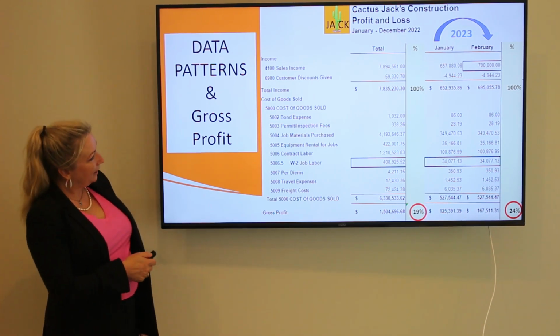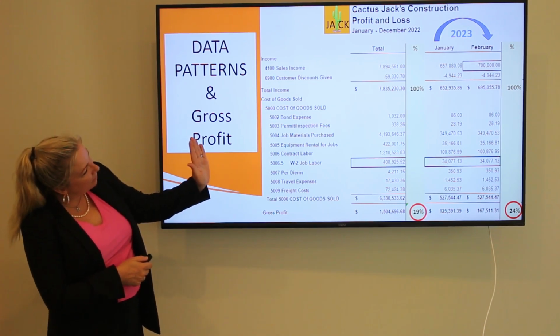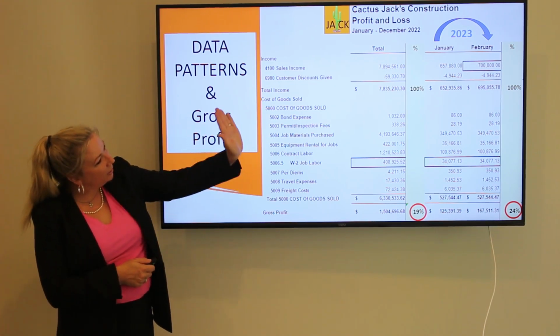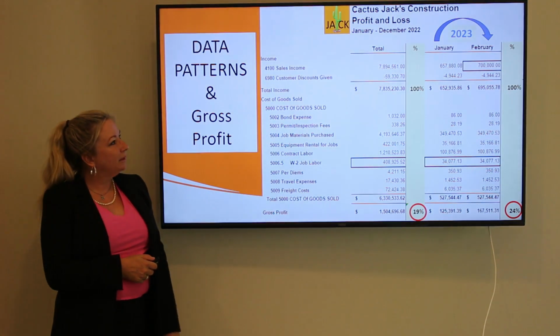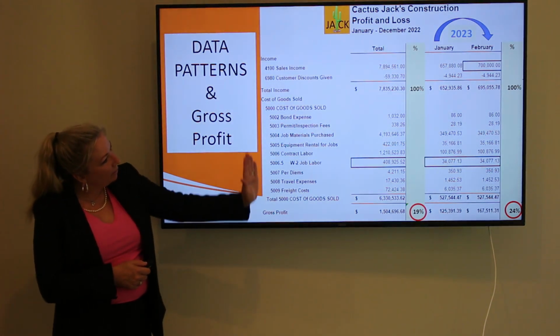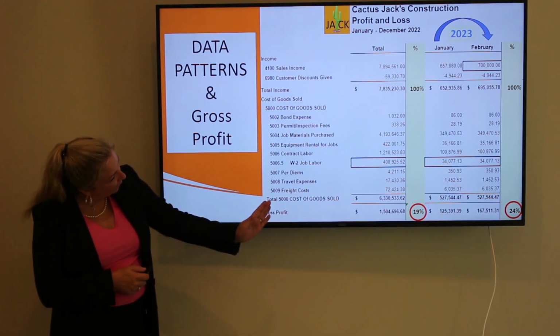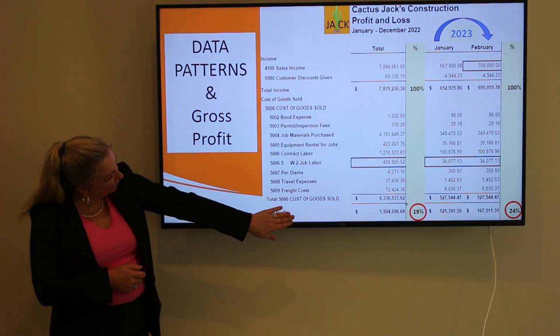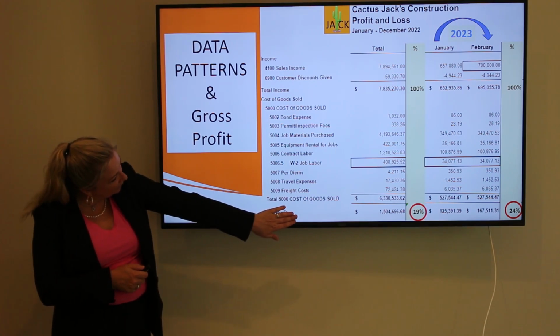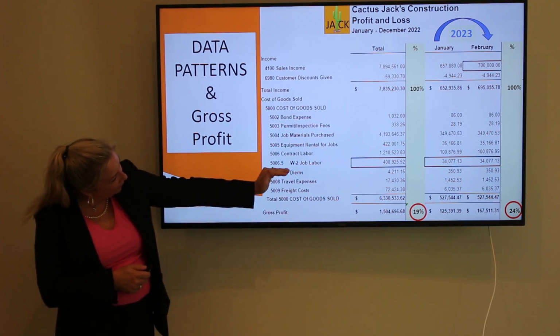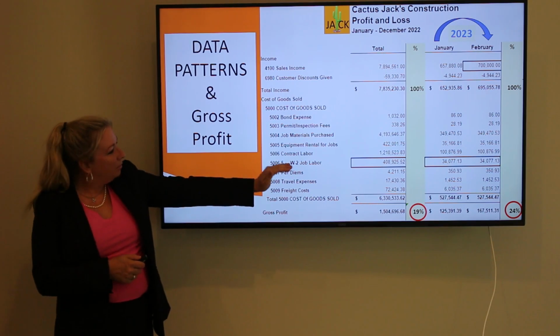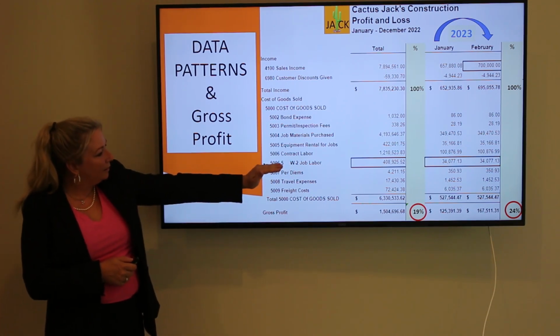And in this case, I'm actually also showing you a transitional profit and loss statement between January and February is what we're looking at. And between January and February, I started at 19%, and then I changed some profit metrics in here.